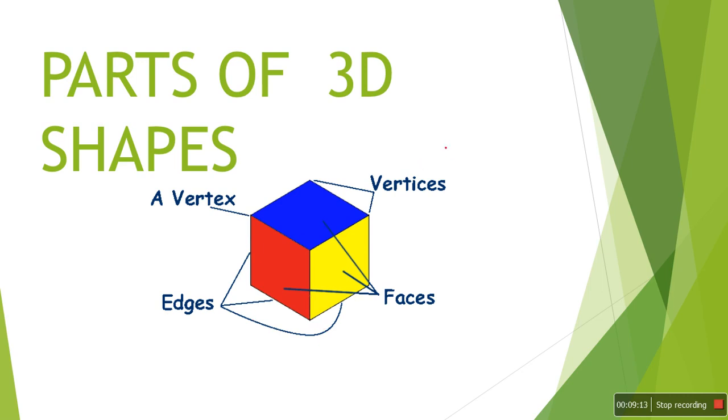So here you will find only one difference, that is vertex in 3D shapes and corner in 2D shapes. In 2D shapes there were 4 parts, but in 3D shapes there are only 3 parts: 1, 2, 3.